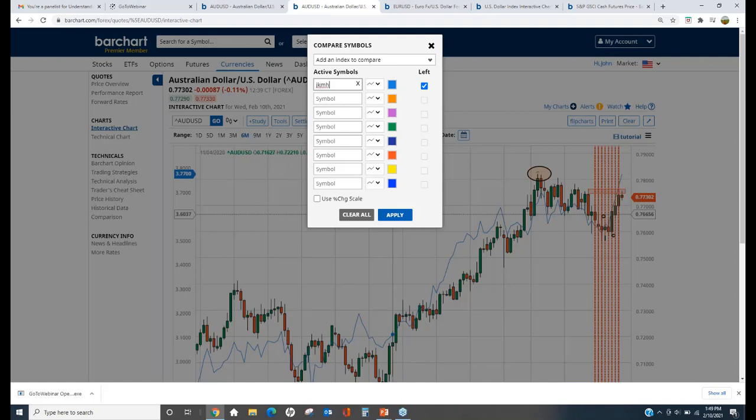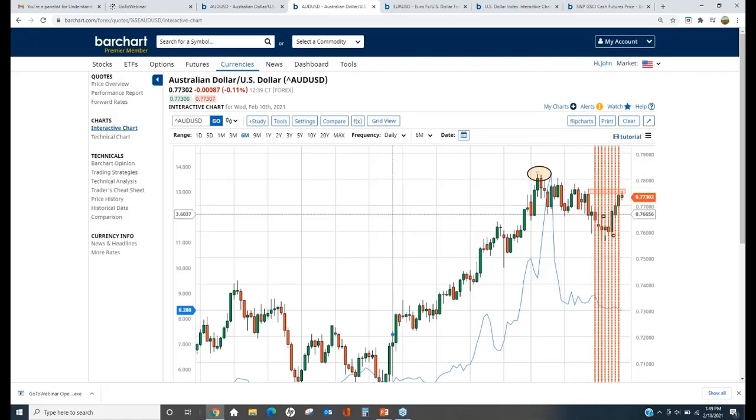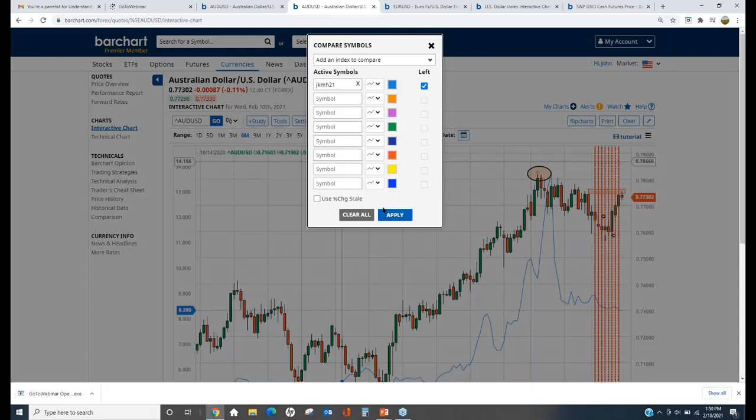It's an index that's based on natural gas. And again, you can see that that correlation is there. Okay. All right. So commodity currencies.